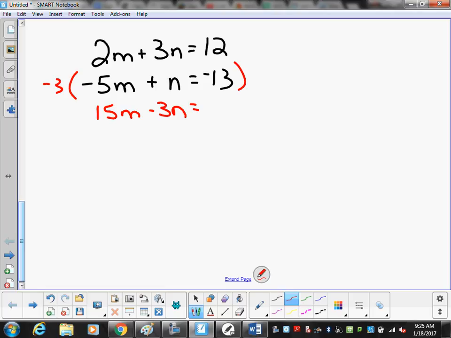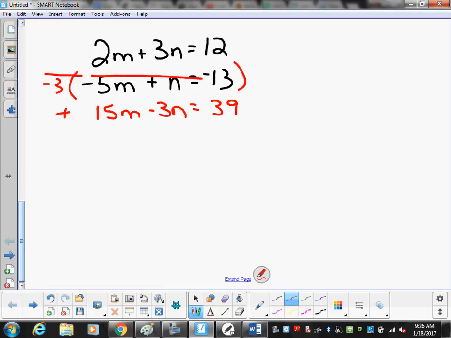And then -3 times -13 is a positive 39. So that's now my second equation. So at this point, all I'm going to do is add the top equation with my new bottom equation.